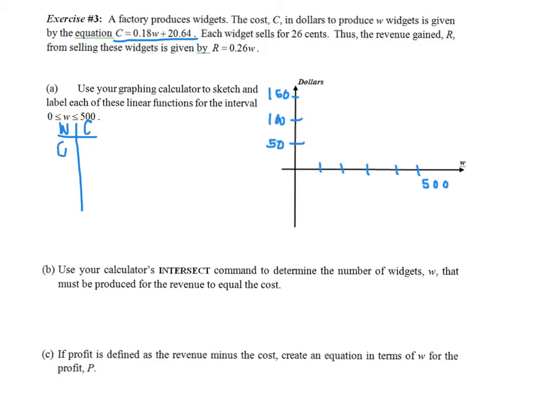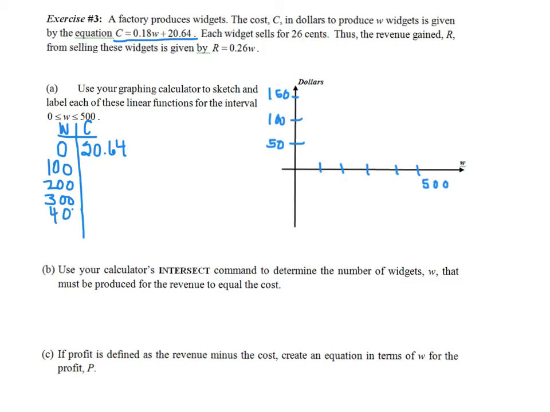When W is equal to 0, we know that the cost is $20.64. Now go ahead and put some more values into your calculator. Maybe make your table count by something like hundreds so that you can get all the way up to making 500 widgets.